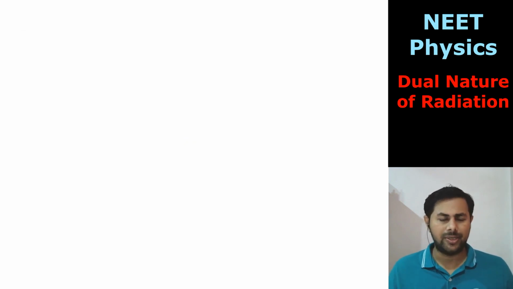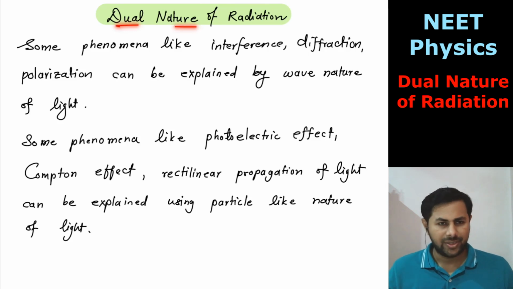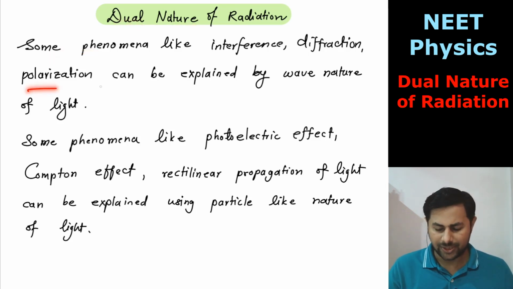Before this experiment called the photoelectric effect, we used to believe that light is made up of electromagnetic waves. So see, dual nature of radiation, what's that? Some phenomena like interference, diffraction, polarization can be explained by the wave nature of light.